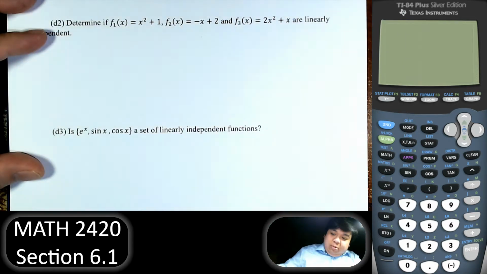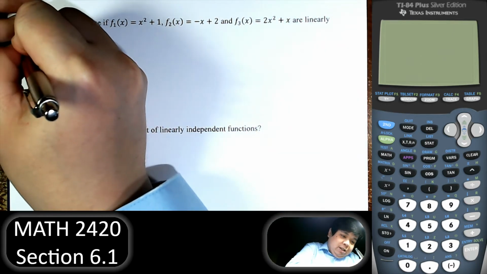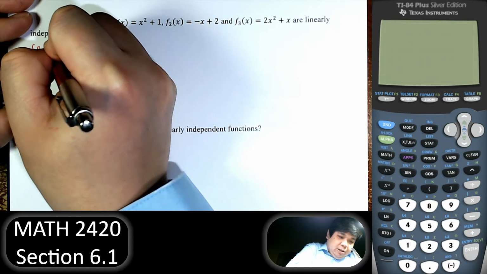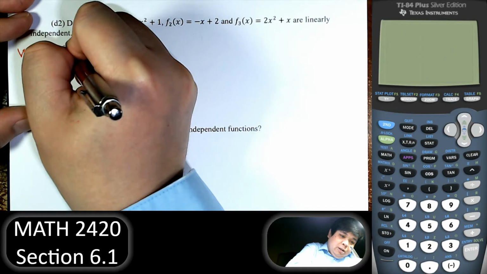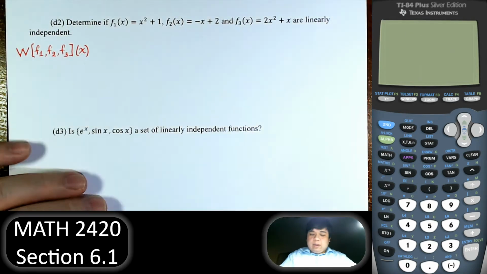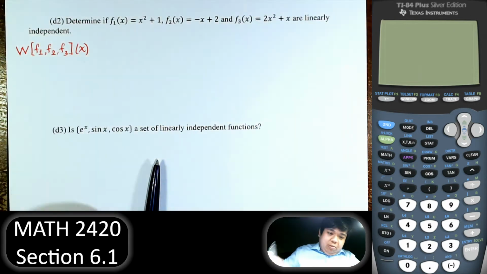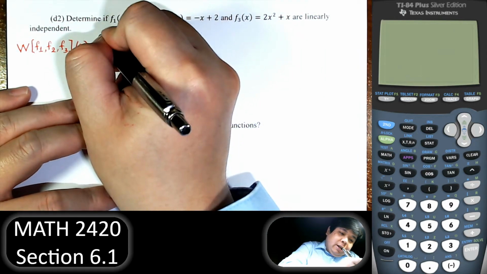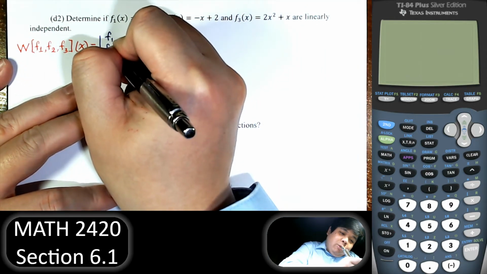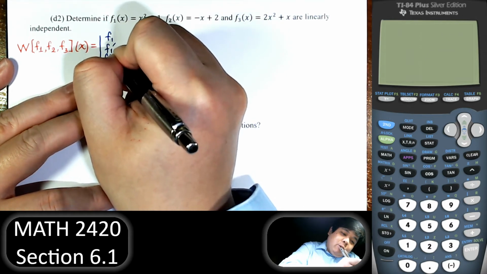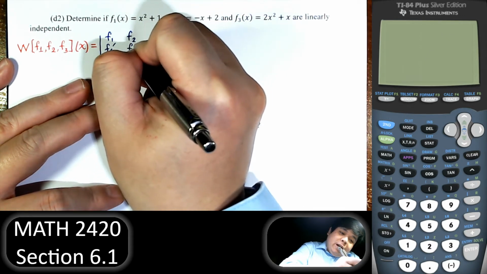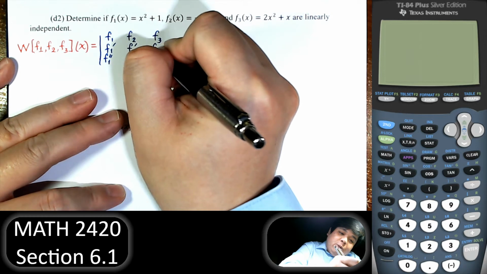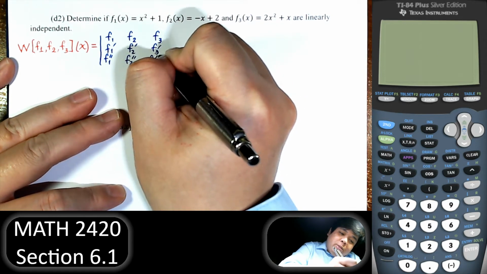So the Wronskian of three functions, where the variable is x, we just have f1, f1 prime, f1 double prime, f2, f2 prime, f2 double prime, f3, f3 prime, f3 double prime.